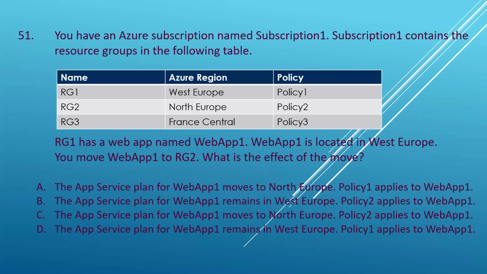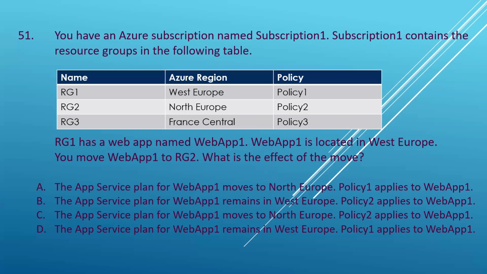Policy 2 applies to Web App 1. Option 3, the app service plan for Web App 1 moves to North Europe. Policy 2 applies to Web App 1. Option 4, the app service plan for Web App 1 remains in West Europe. Policy 1 applies to Web App 1. Now, all these options are a combination of either the location, the region of the Web App 1 is changing, or a different policy is getting applied.